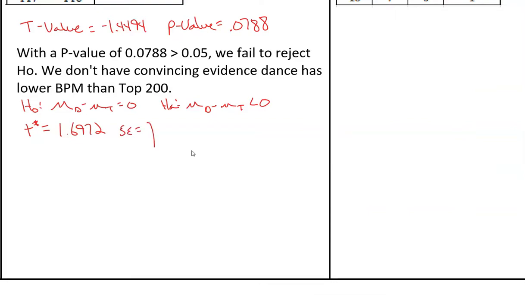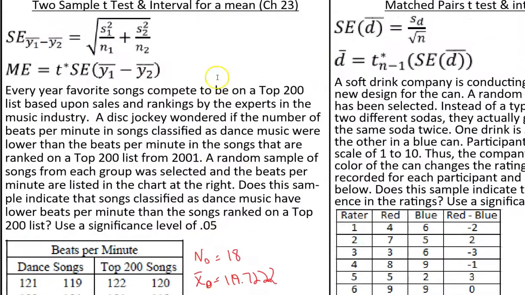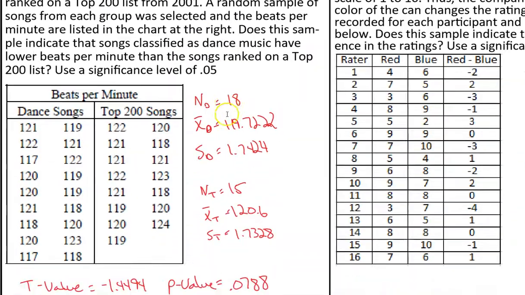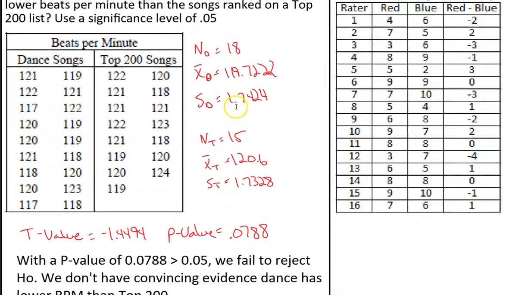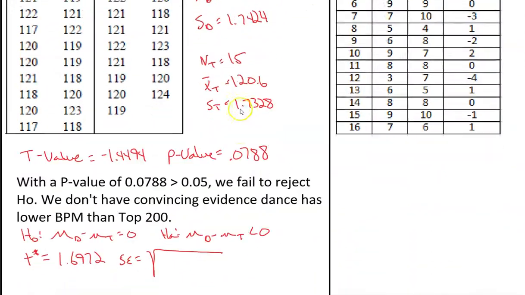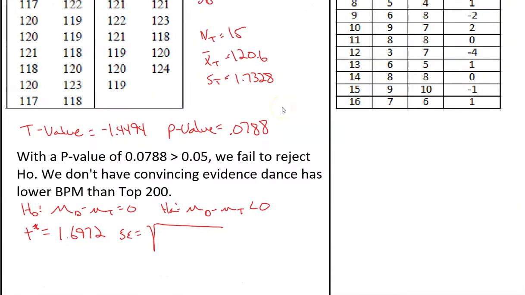And SE is going to be equal to the square root, and it's up here, the formula, of S1 squared over N plus S2 squared over N. And so I'm going to have those numbers right there. 1.7424 squared over N plus 1.7328 squared.